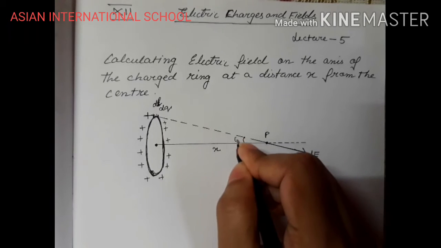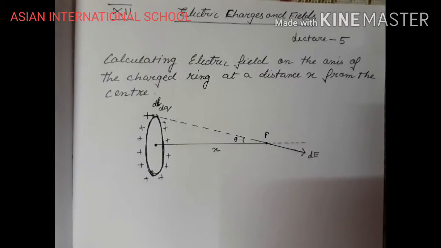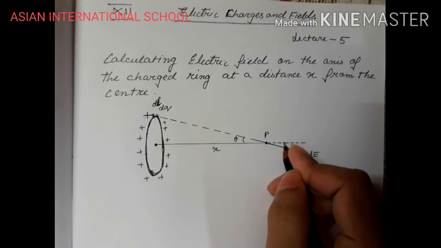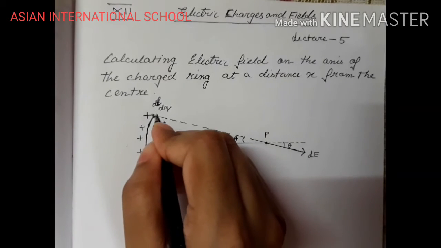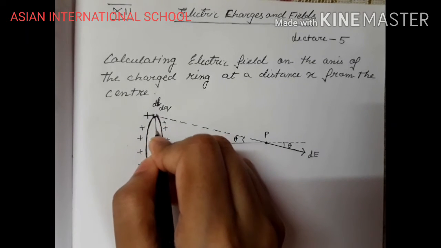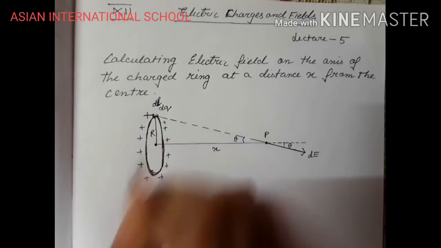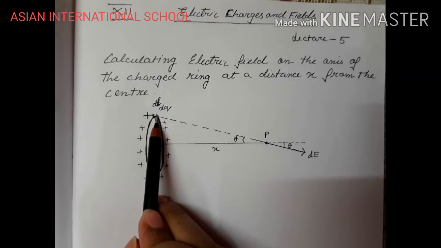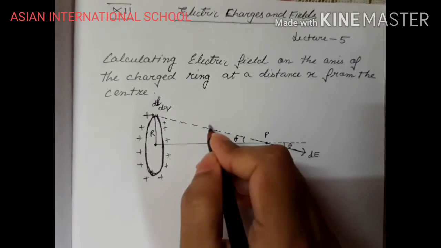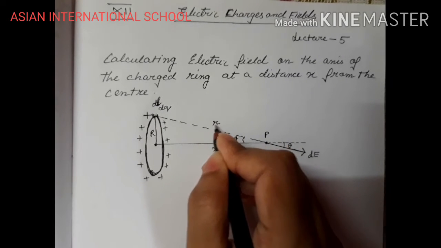Now this angle is theta, so the angle here will also be theta. Let us mark the radius of the ring as capital R, and the distance from dq to point P as small r.